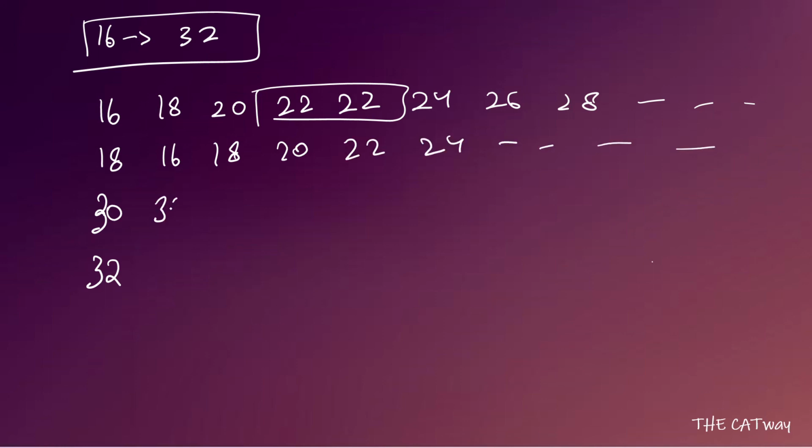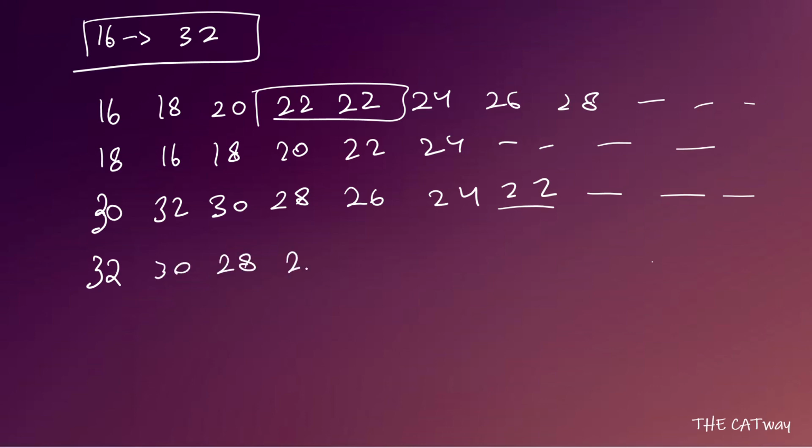Starting with 30, we have to go to 32, then come to 30, and then 28, 26, 24 and 22. And from 32 we have 30, 28, 26, 24, 22, and again 22 we can have.